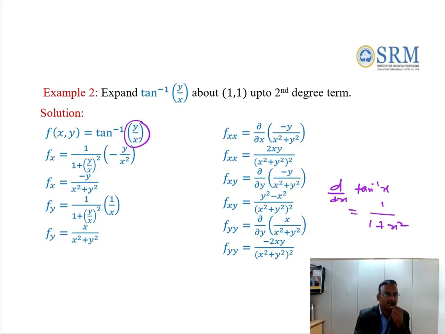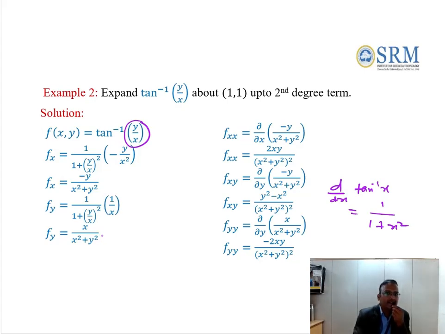While differentiating this with respect to x, we are getting minus y by x square. Therefore, fx equal to, after simplification, minus y by x square plus y square. Similarly, fy is equal to 1 by 1 plus y by x the whole square into 1 by x. Then after simplification, we are getting fy equal to x divided by x square plus y square.